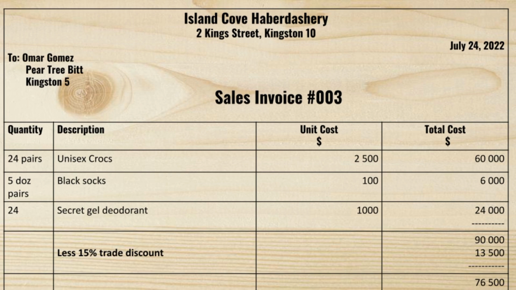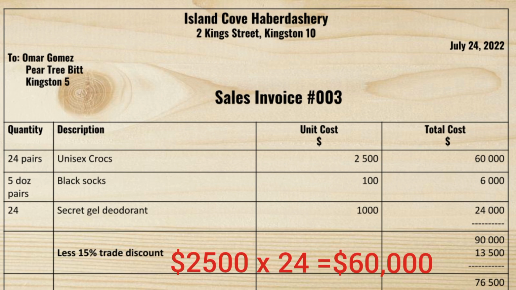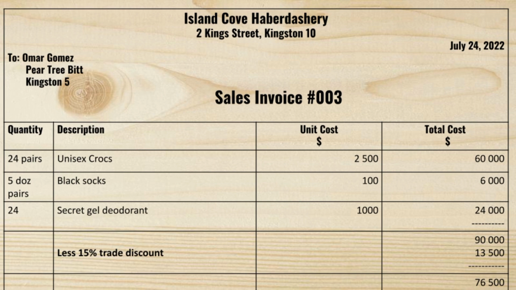Well done. For the first item, under quantity, we have 24 pairs. Under description we have unisex Crocs. Unit cost, $2,500. Total cost $60,000. Second item. Quantity, 5 dozen pairs. Description, black socks. Unit cost, $100.